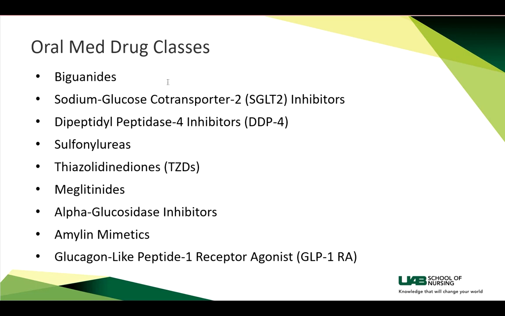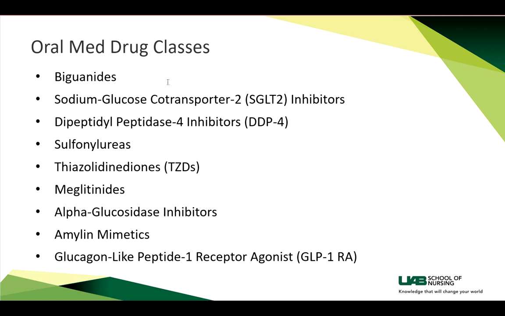As we go through the drug classes, you'll notice that we'll use a lot of abbreviations, and that's because otherwise it's a mouthful to get them out every time we say them. So I'll have them identified here on this slide, and then I will abbreviate from here on out. The first drug class we'll briefly touch on are Glynides. We'll also touch on sodium glucose cotransporter 2 or SGLT2 inhibitors.